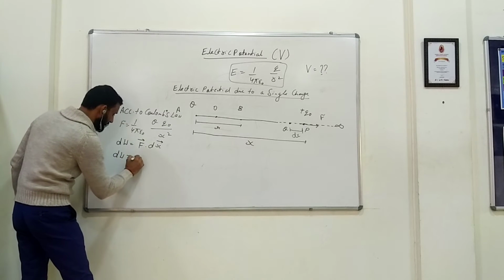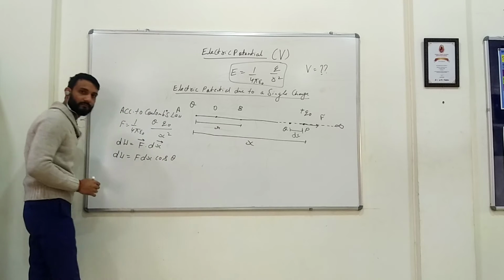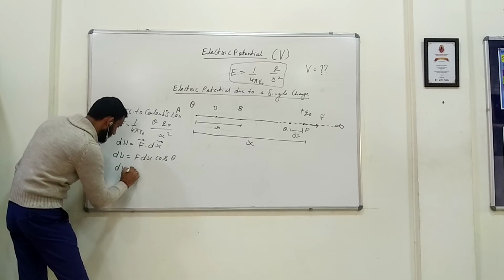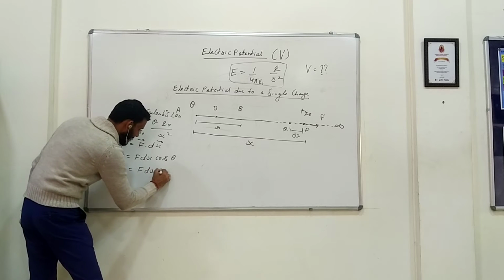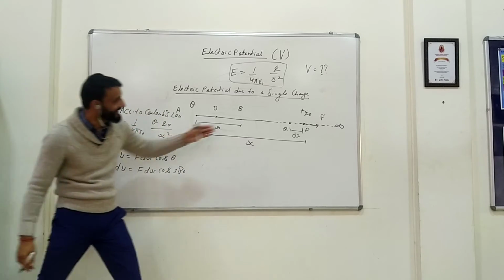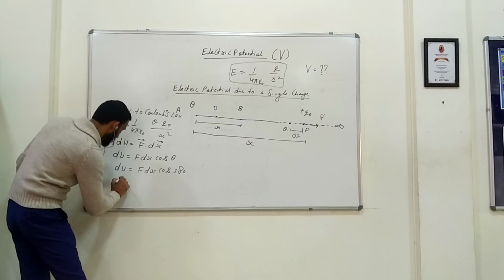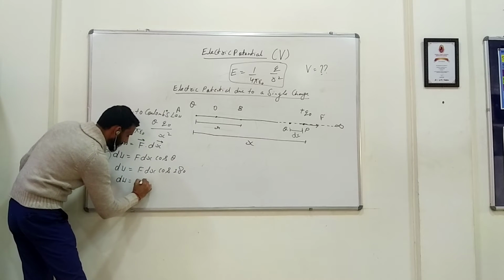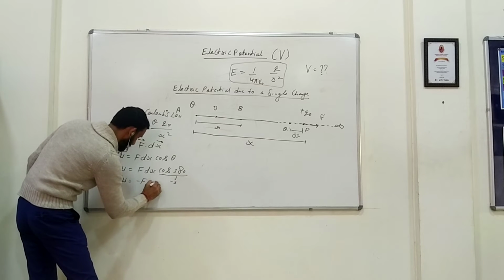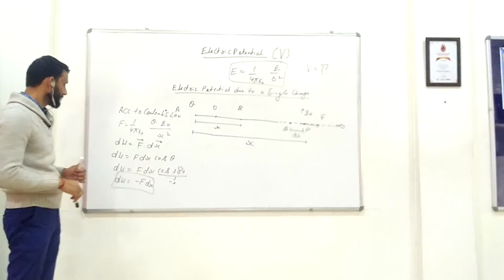So dW is equal to F dx cos theta, dot product, and then dW is equal to F dx cos 180. Why 180? Because force is acting in that direction and displacement is in this direction, so the angle is 180. Cos 180 is minus 1, so a small amount of work done is minus F dx, right?